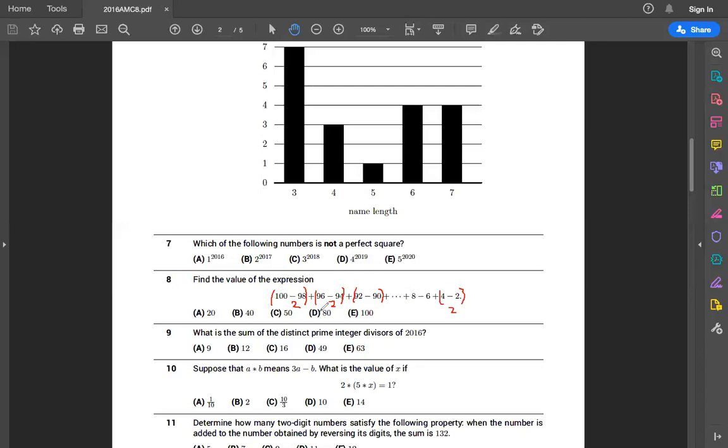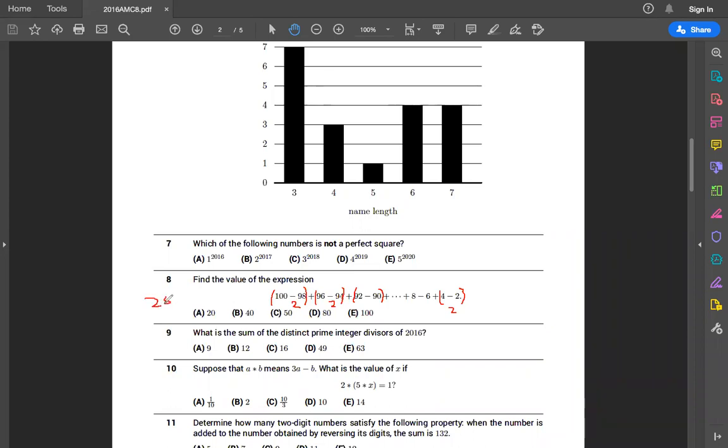We can see that the numbers go from 2 to 100, but it's only the even numbers. So that would be half the numbers from 1 through 100, so that would be 50 numbers. But each parentheses has 2 numbers inside, so there's actually only 25 parentheses, because 50 numbers paired up, that's 25.